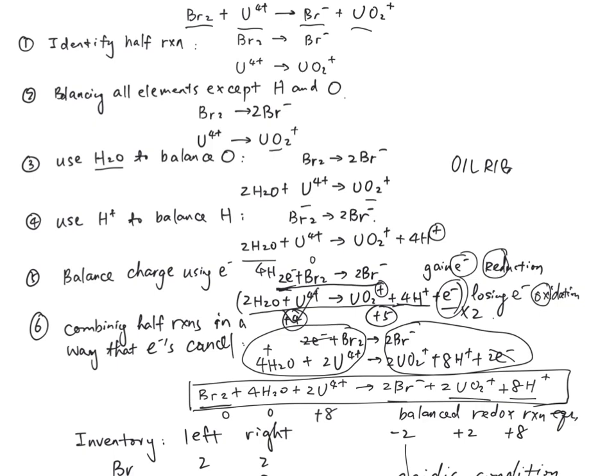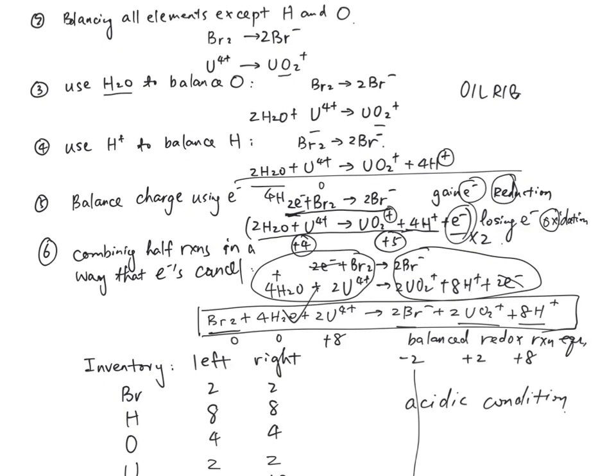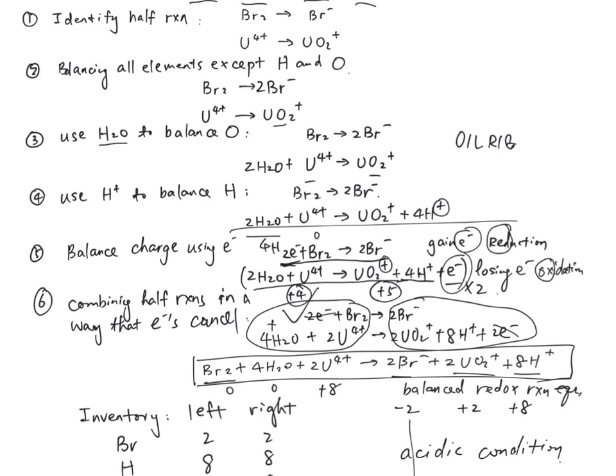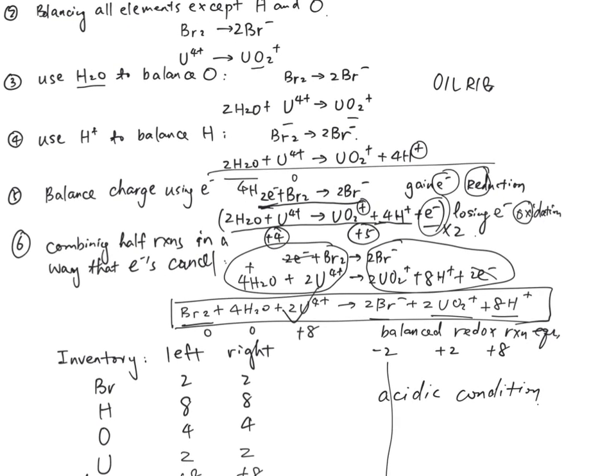So for basic condition, take a look. After step number 4, we have bromine turns into bromide ion, water plus U4 plus equal to UO2 plus and H plus. All right, so that's what we did earlier here. After step number 5, when we balance both half reactions, you can very easily tell who's gaining electron.